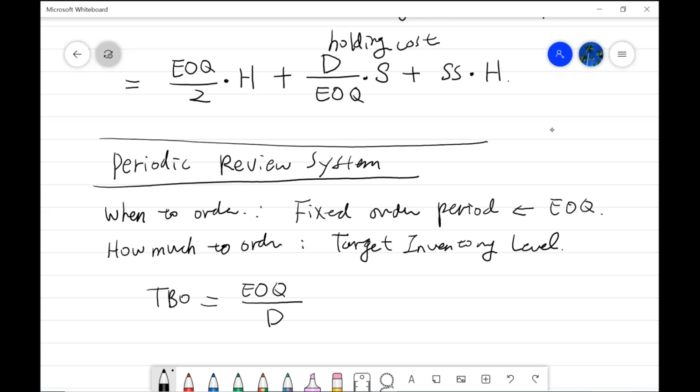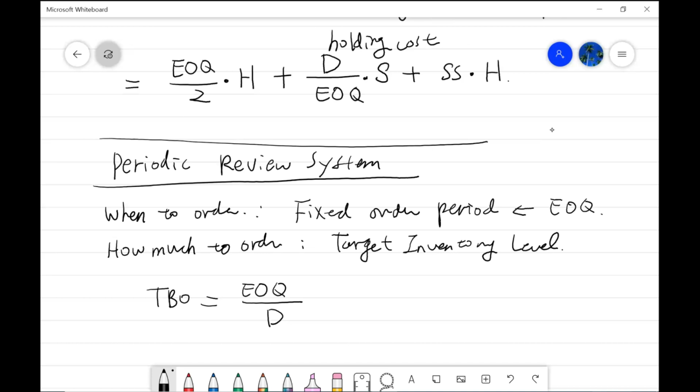Let's say the target inventory level is 100 units. In the next visit, it's time to visit your warehouse, and you find out your inventory level is just 20 units. Then how much do you have to order? You have to order from the current inventory level of 20 up to the target inventory, which I mentioned is 100.